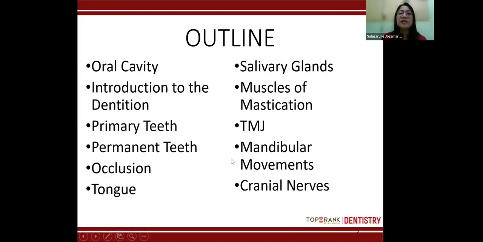These are the topics that we will discuss as we rationalize each question given to you. We will be discussing your oral cavity. Then introduction to the dentition, which will include landmarks on the tooth, and the general characteristics of teeth.